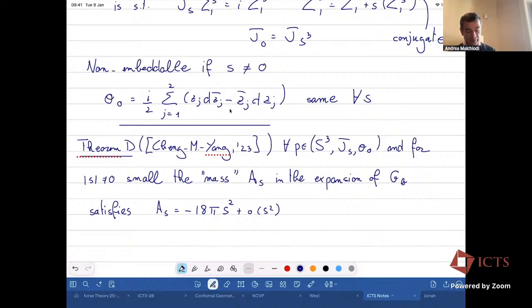Notice that it is negative for S non-zero. So we have a manifold with positive scalar curvature, but a counterexample to the positive mass theorem. And this is due in sub-Riemannian geometry to the non-embeddability of the structure.